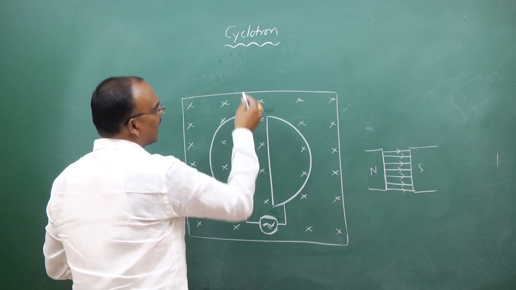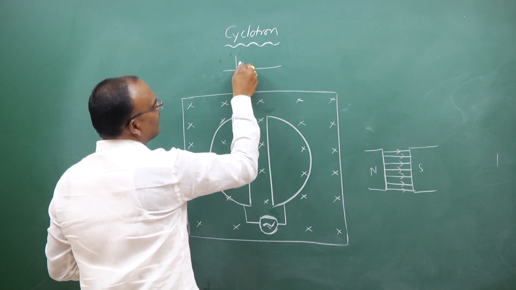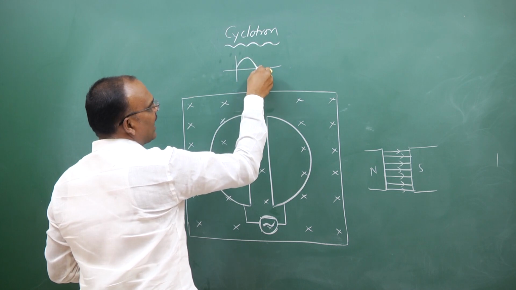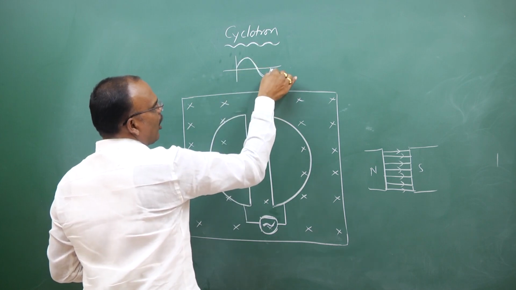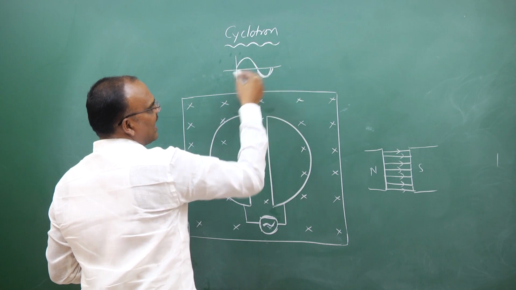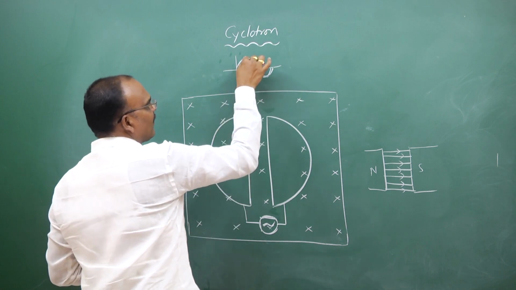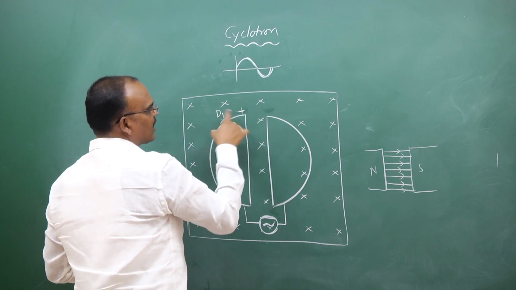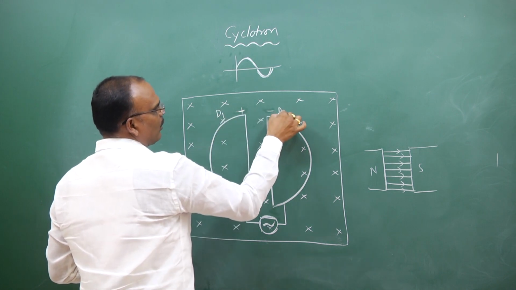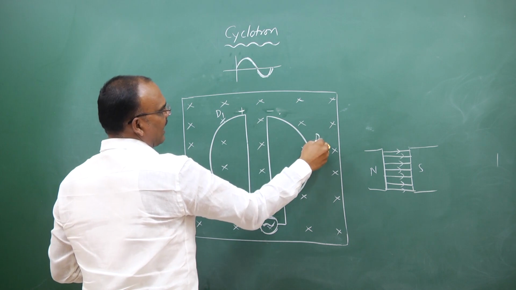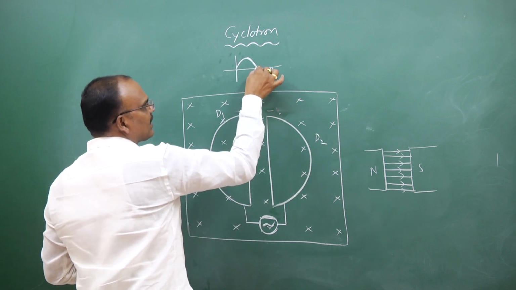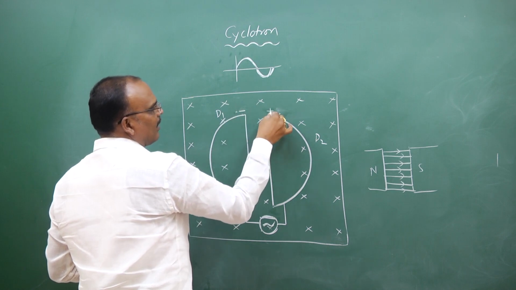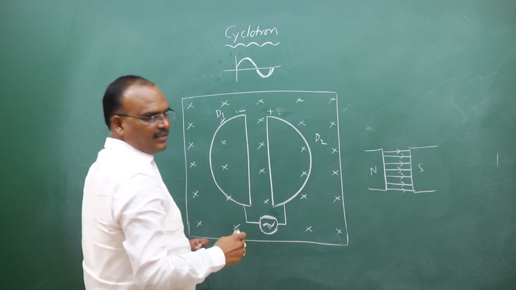For the first half cycle, usually AC current will be like this. In the first half of the cycle, current will be in one direction. During the second half cycle, current will be in the opposite direction. That means during the first half cycle, the polarity of D1 is positive and the polarity of D2 is negative. During the second half cycle, the polarity of the first D reverses, and the polarity of the second D also reverses.